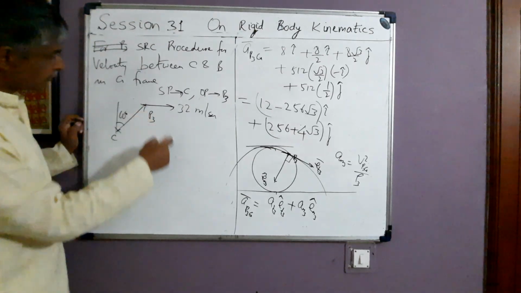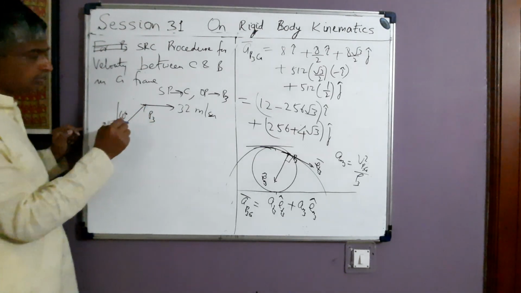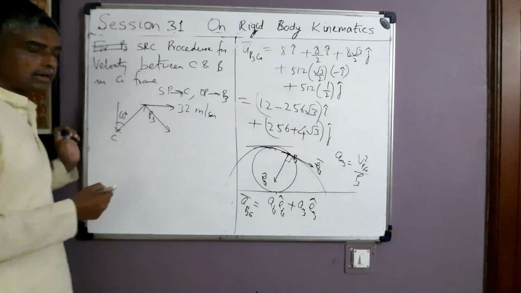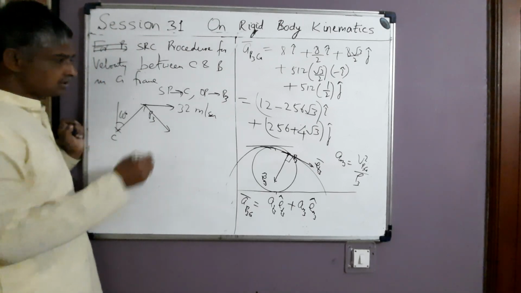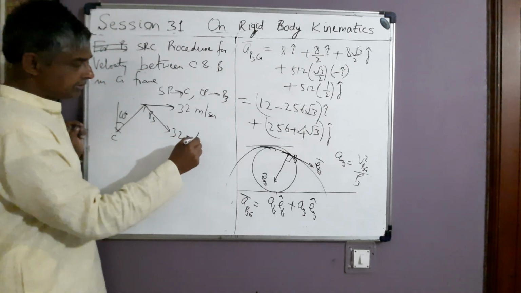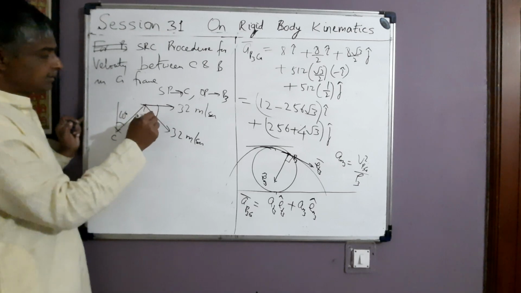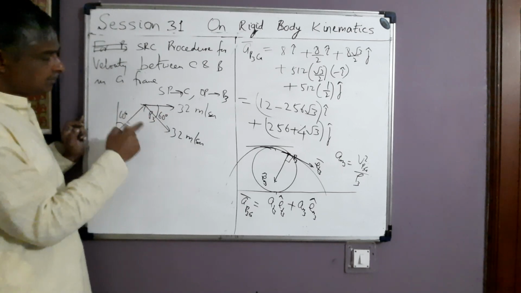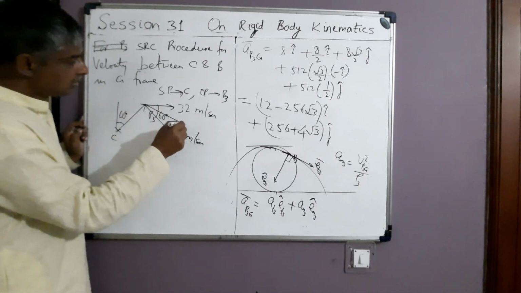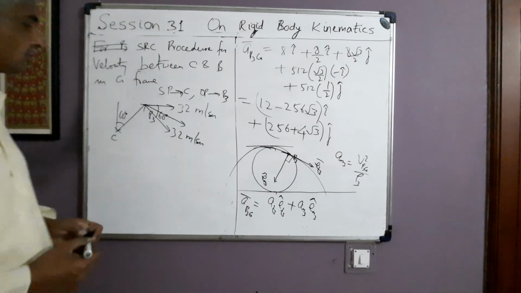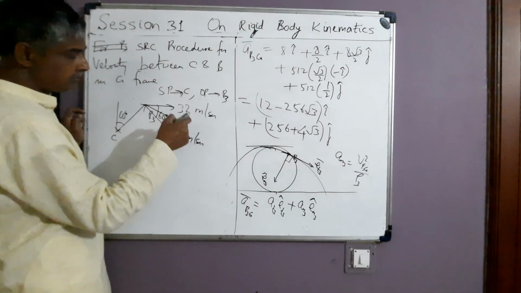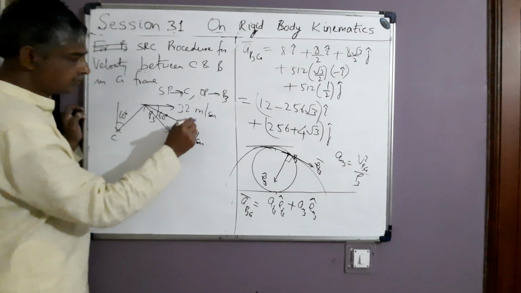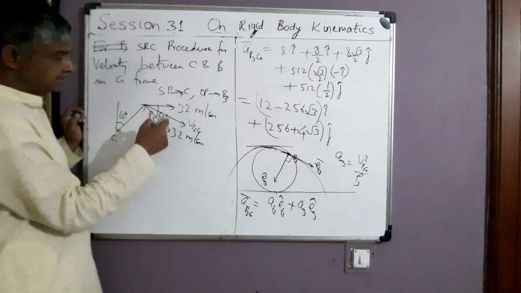Now P3 moves in a clockwise circle with center at C and radius R, 2 meter. So I give R omega. R is again 2, omega is again 8, 16. So 16 into 2 becomes 32 meter per second. This angle by geometry is 60 degree. VP3G is the vector sum of these two. From parallelogram law of vector addition, this will bisect the angle between these two.